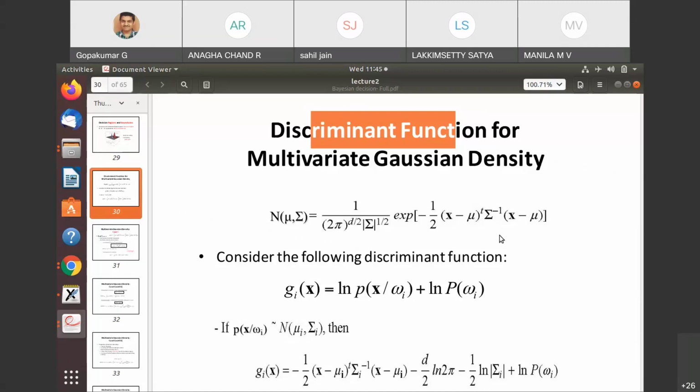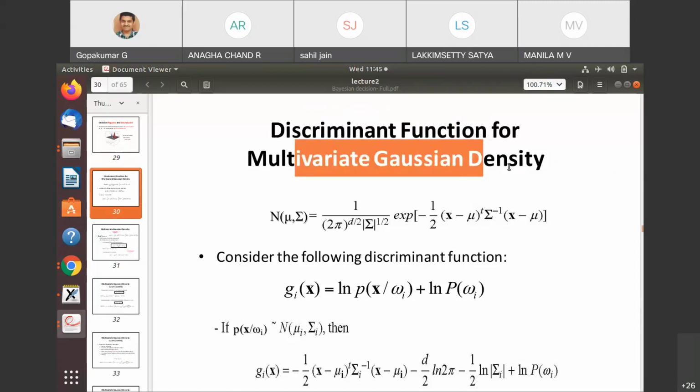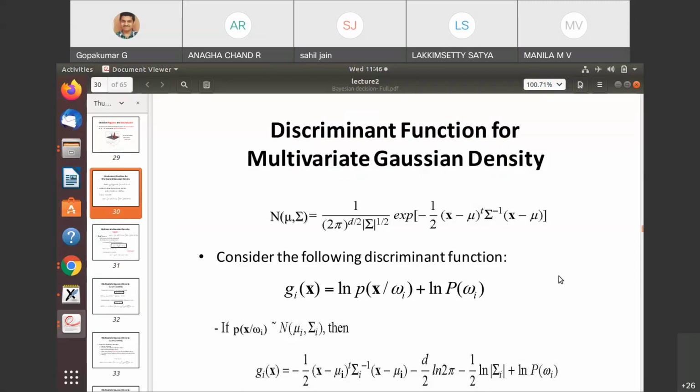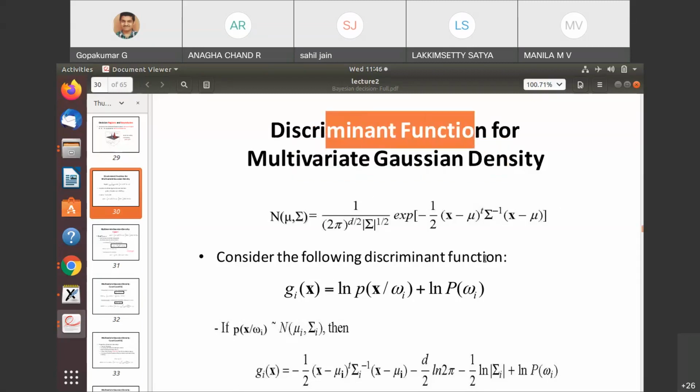That is where we saw the need for a discriminant function. Now suppose our probability is defined using a multivariate Gaussian density, how will the discriminant function look, and how can we simplify it and see different cases?